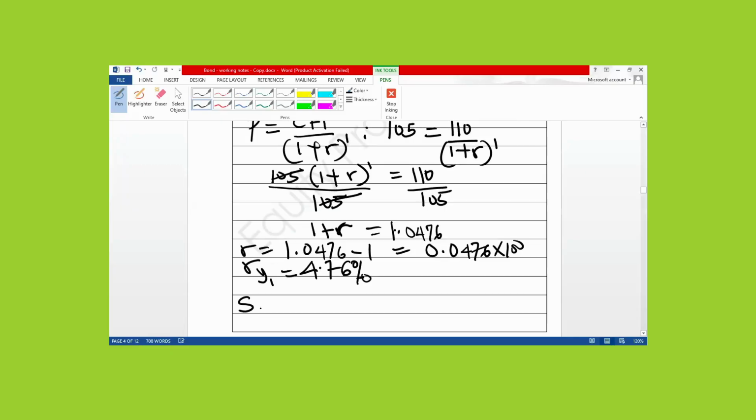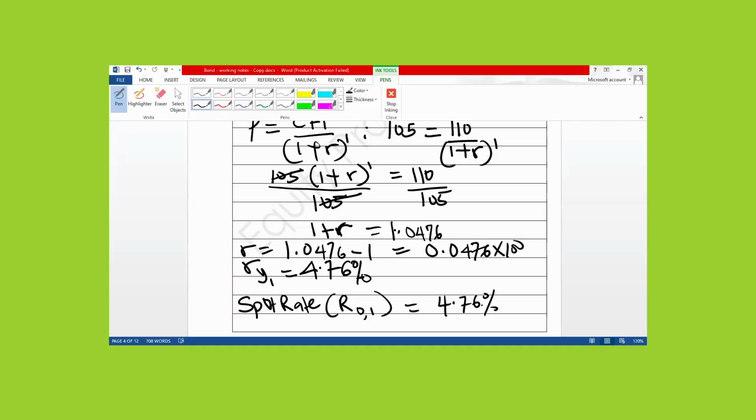Spot rate, in brackets R01, is equal to 4.76%. You have derived the spot rate on a default free bond using a process called bootstrapping.